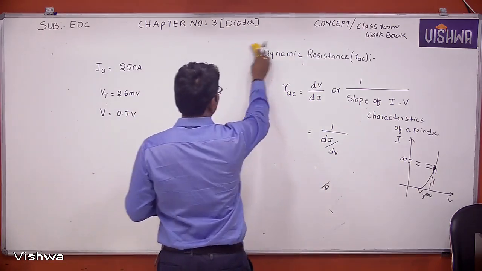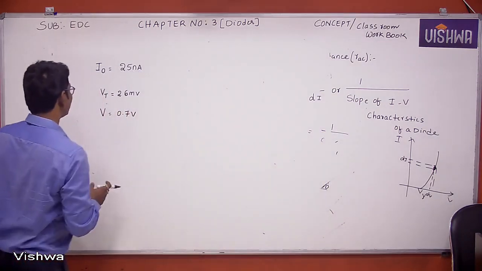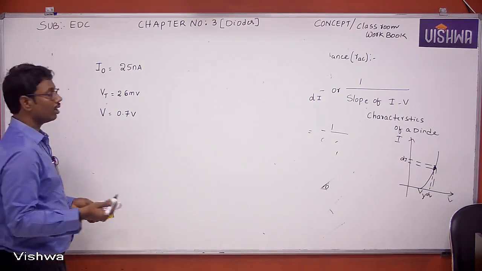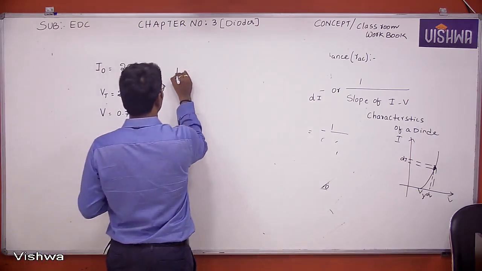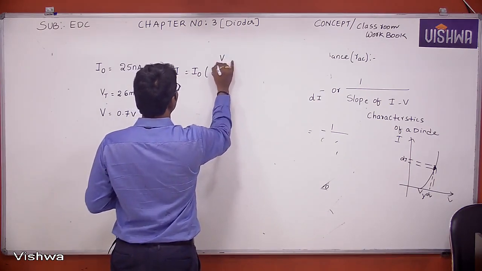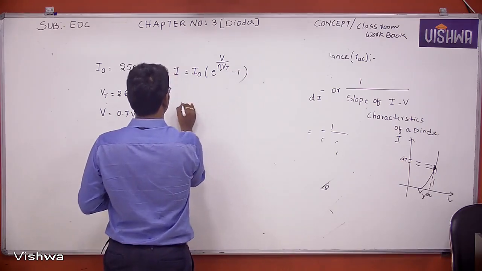Static and dynamic resistance. Before calculating static resistance, first calculate the current through the diode. We know V, but we don't know I. The current through the diode is I equal to I naught into e power V by eta into Vt, minus 1.